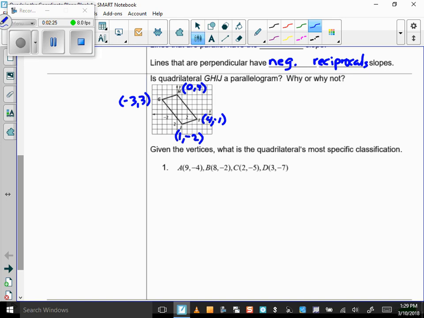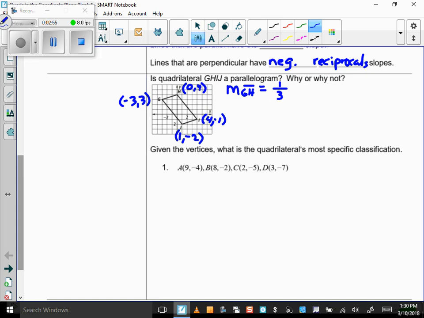Okay, so how are we going to decide whether it's a parallelogram? Why don't we just use the definition of parallelogram and see if the slopes of both pairs of opposite sides are the same? Then we'll know that those opposite sides are parallel. So let's find the slope of GH. That's going to be 4 minus 3, which is 1, divided by 0 minus negative 3, which is positive 3.